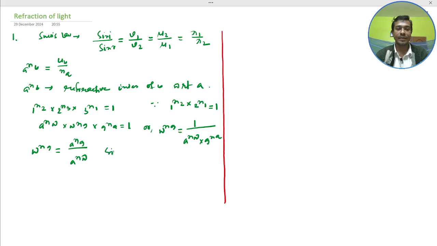Similarly, gNw is equal to aNw divided by aNg, g for gas.